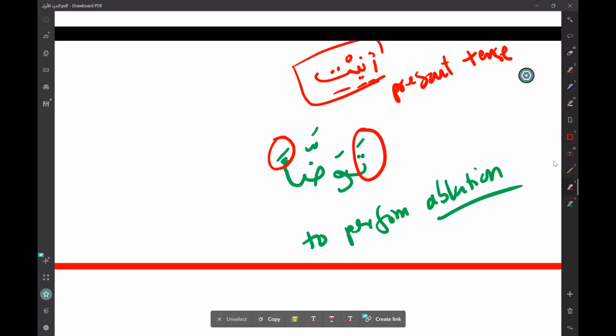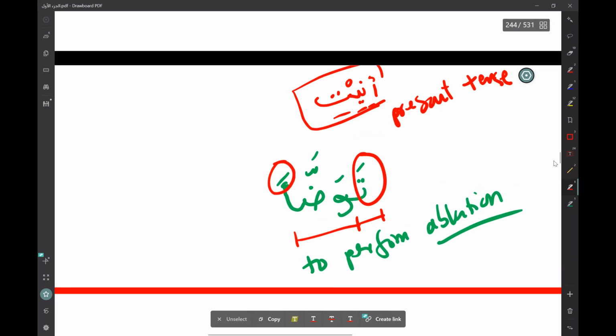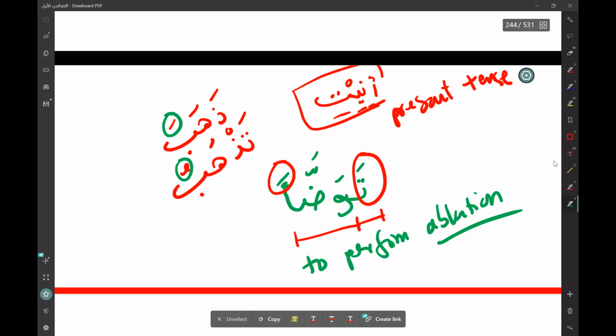Another way of looking at it: if you have more than four letters, including the ta. For example, the present tense of dhahaba, he went, you would say tadhabu, right? She or you went, tadhabu. So as you can see a few things: in the past tense you have a fatha, and in the present tense you have a dhamma, and you have a ta.